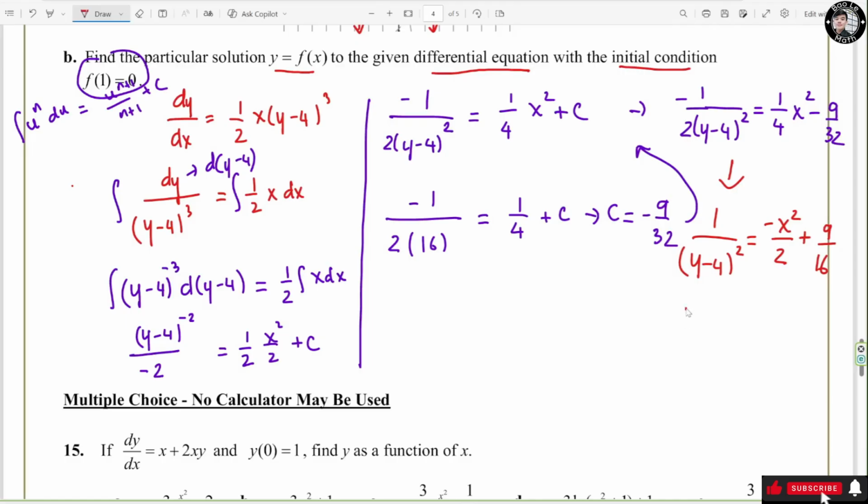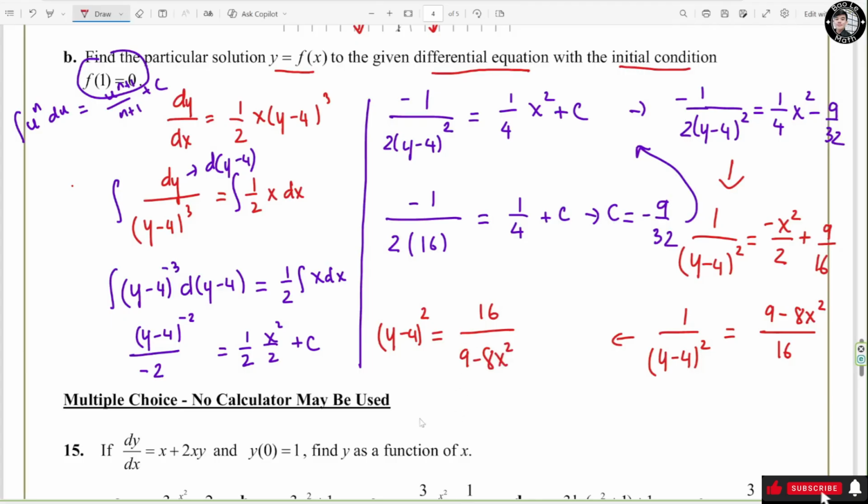I'm going to condense this one, so this becomes (9 minus 8x squared) over 16, right? So I just flip this one, so it's going to be (y minus 4) squared equals 16 over (9 minus 8x squared), right?